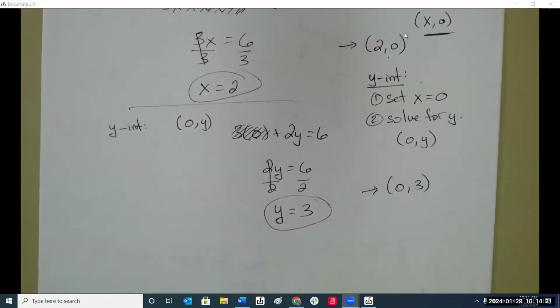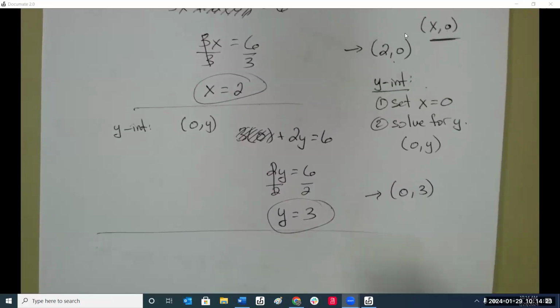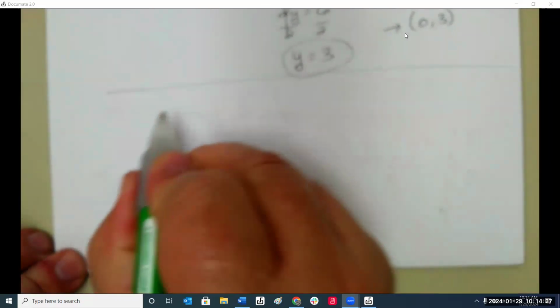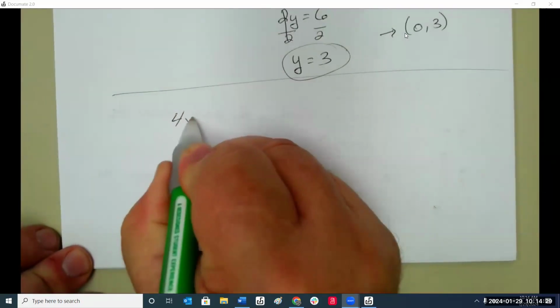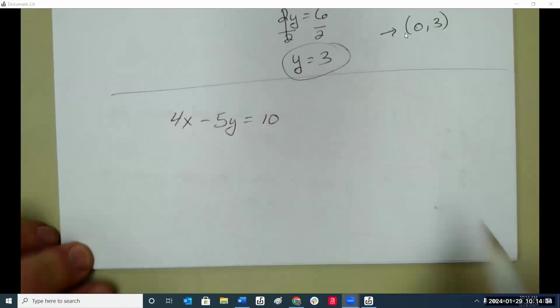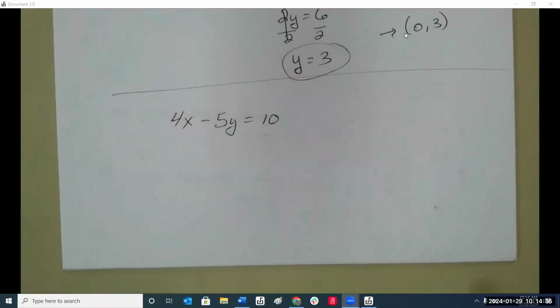But will it always work that easy? Nope. Find me the x and y intercepts of this one.